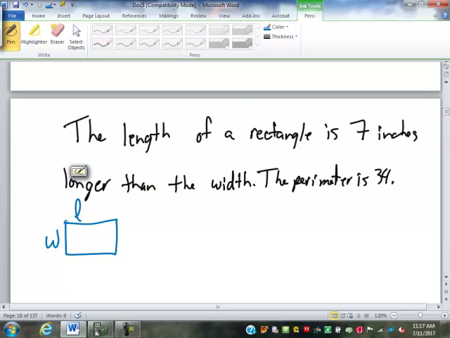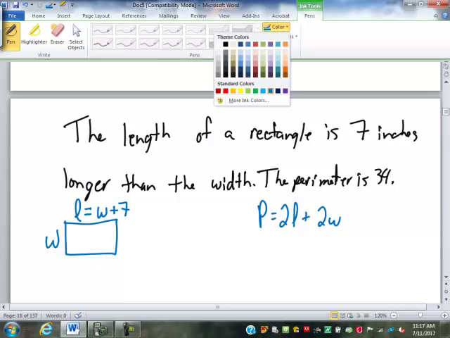Well, we've got the length and width of a rectangle, but the length is 7 inches longer than the width. So the length is W plus 7. P is equal to 2L plus 2W.